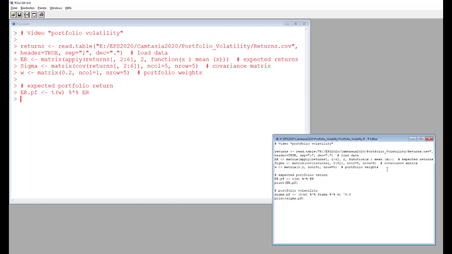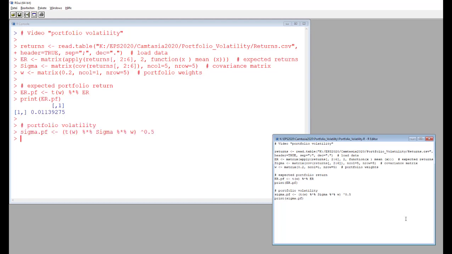I then calculate the expected return of the portfolio. This is W transpose times ER. This is what we use in R for matrix multiplication. So it's W transpose times the vector of the expected returns. The result is roughly 1.14%.